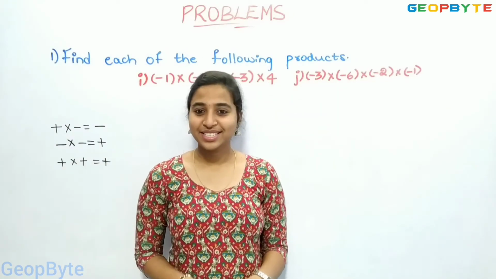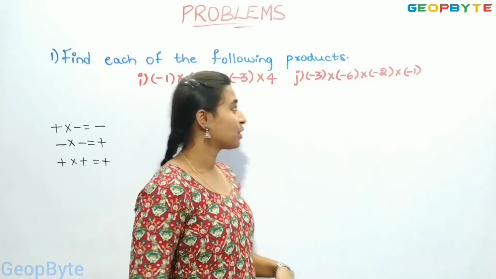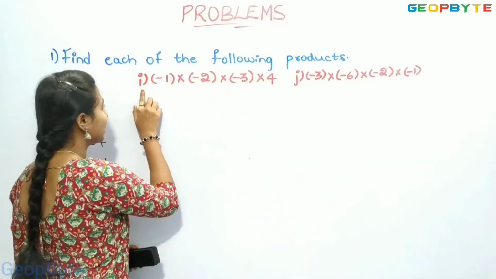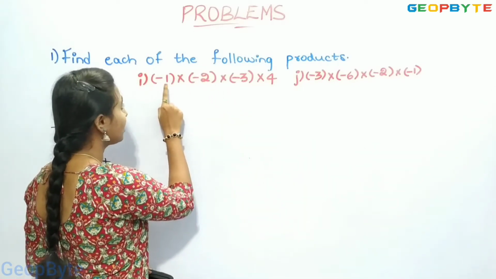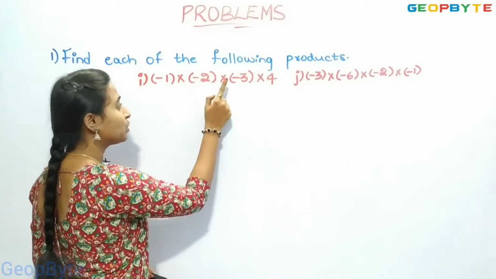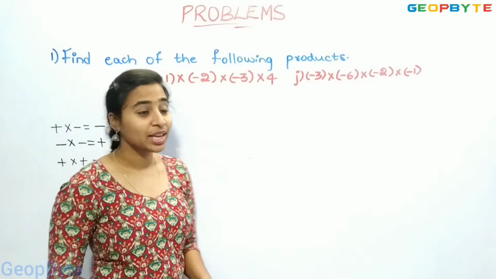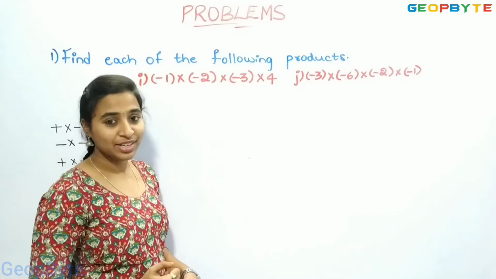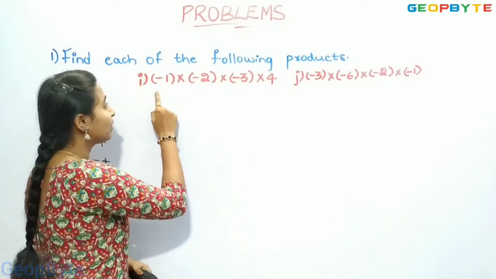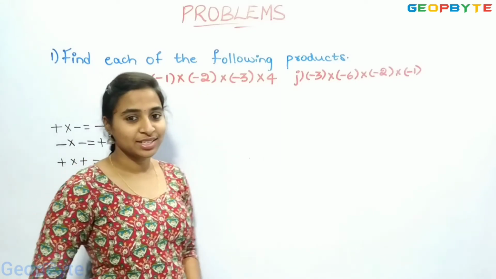Now, let us see the next question. We have I bit as minus 1 into minus 2 into minus 3 into 4. If you see, it is similar to the previous problem, that is, we have 3 minus signs.